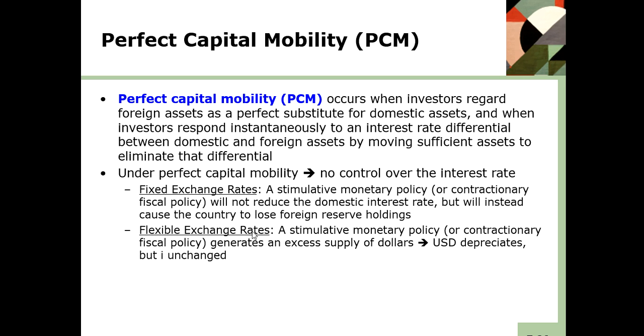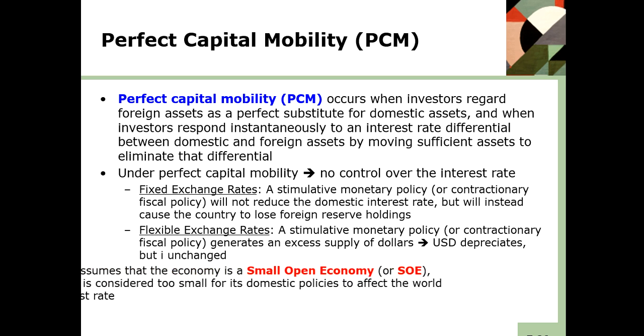Okay, but what about a flexible exchange rate? In terms of monetary policy and fiscal policy, this type generates an excess supply of dollars. So when supply increases, the US dollar depreciates. But the interest rate will be unchanged.